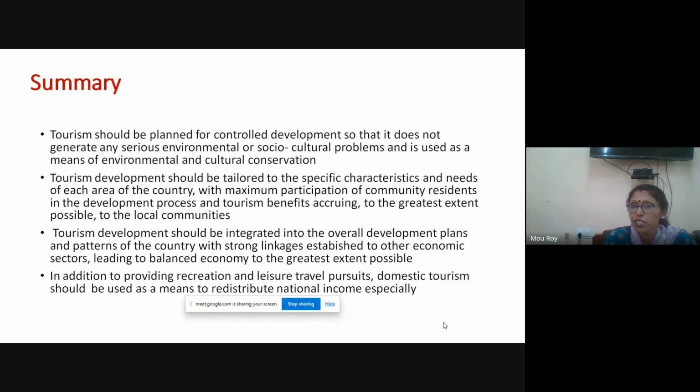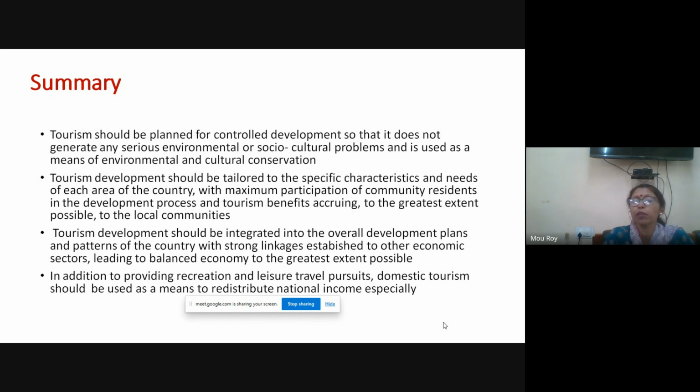There are different seminars, workshops, conferences taking place where environmentalists, hoteliers, investment bankers, stakeholders and government officials participate. A lot of issues are being discussed, measures are being taken, and the linkage has to be there. Collaboration has to be there. If there is no proper collaboration, proper coordination, then tourism cannot be developed.